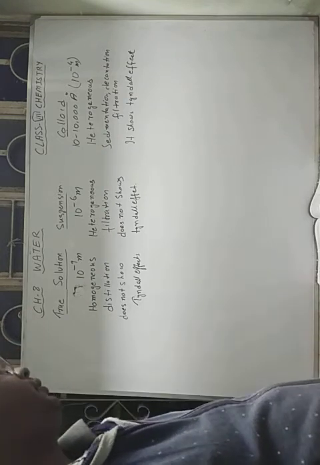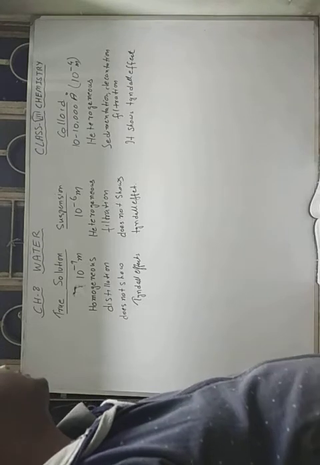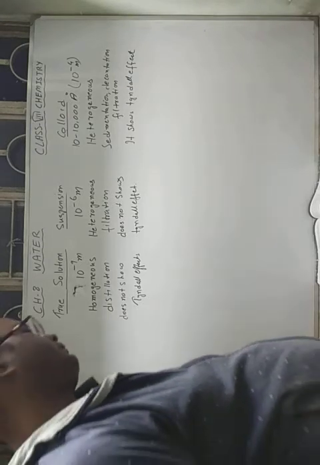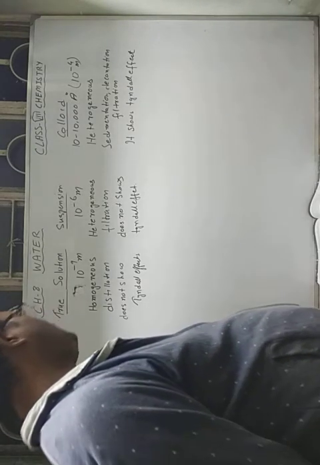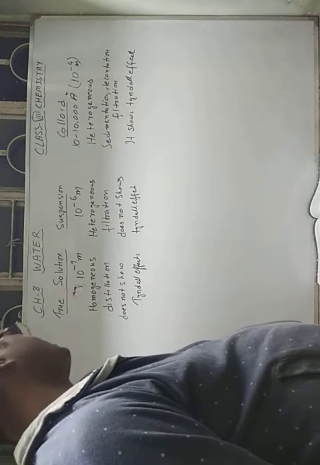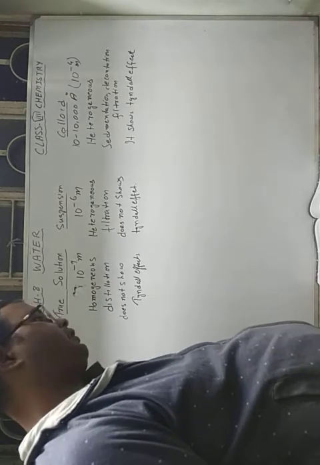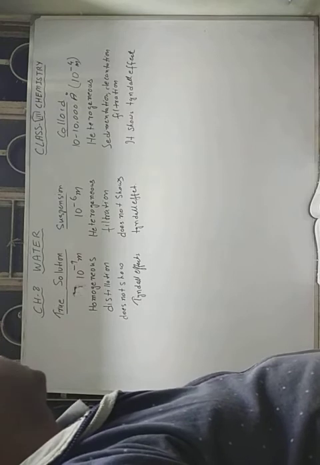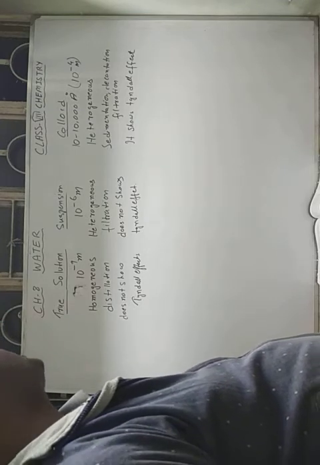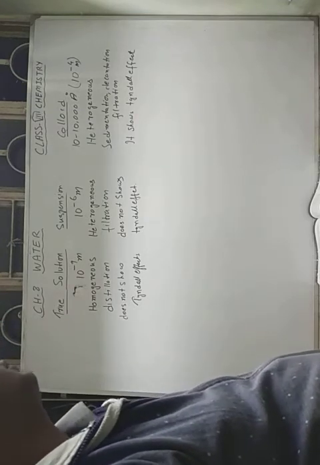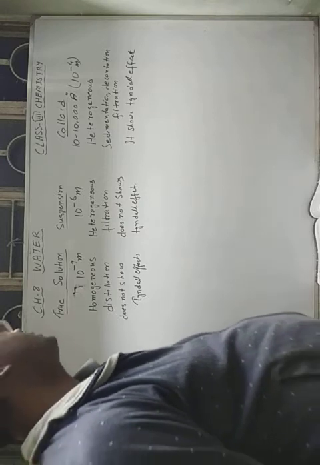So these are the three types of solution: true solution, suspension and colloid. By the properties of particle size, appearance, process of separation and Tyndall effect, we can differentiate between them. Now we will see some examples.